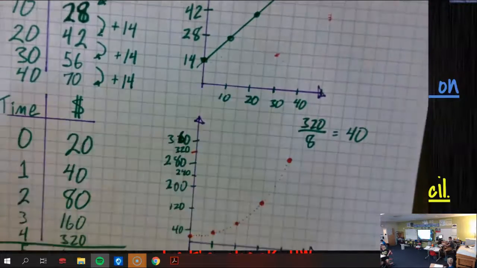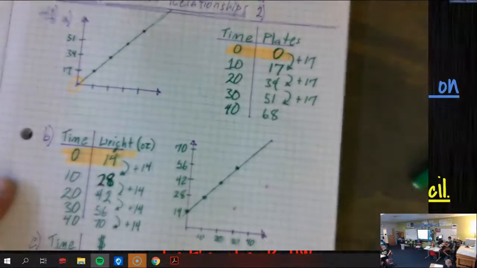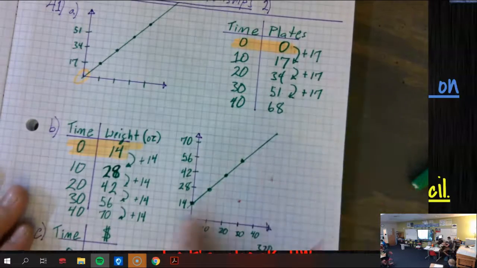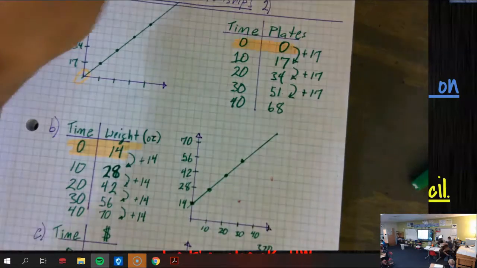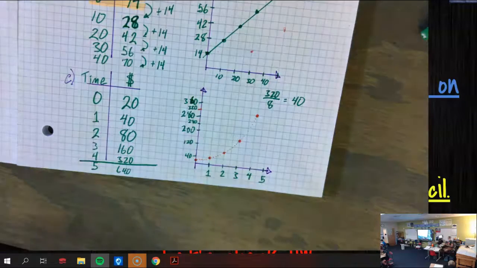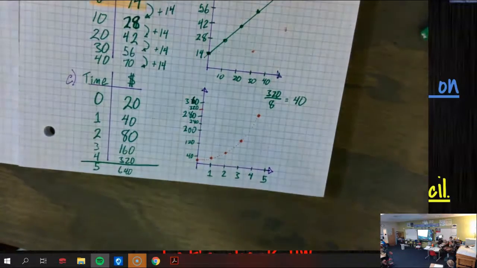So all 3 of these graphs look unique from each other, right? We had a straight line through the origin, a straight line not through the origin, and a not straight line not through the origin. If we were to ask which of these would feel like it is proportional, A. Why?